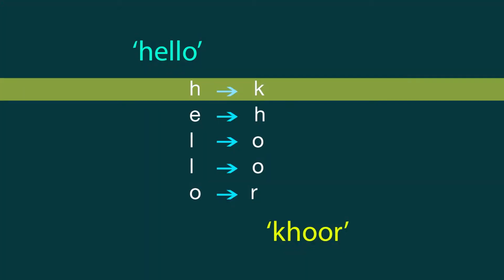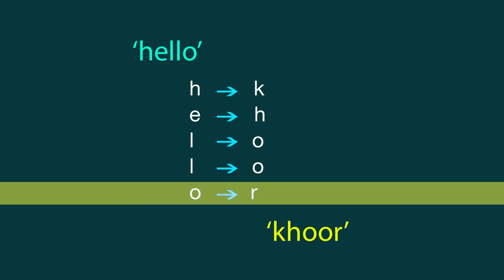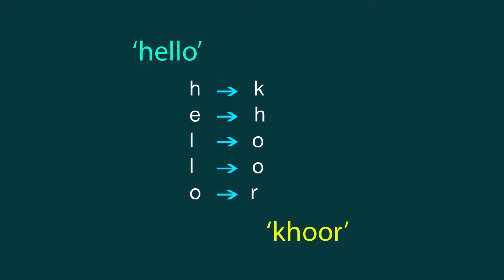Each letter of the original message is replaced with different letters of the same language. That is, if H is replaced with K, then other letters will be substituted as follows. E is substituted with H, L with O and O with R. Therefore, the ciphertext thus obtained is KHOOR, K-H-O-O-R.